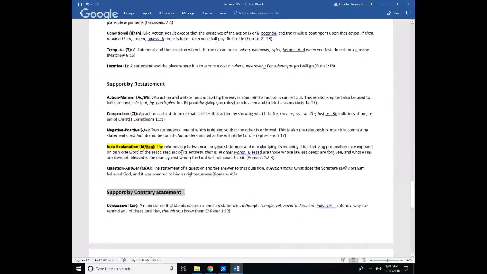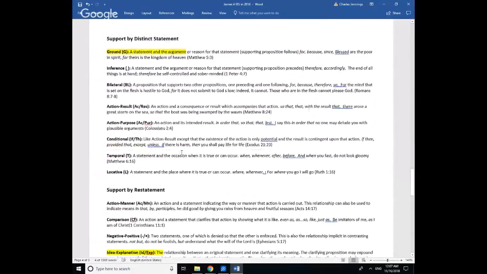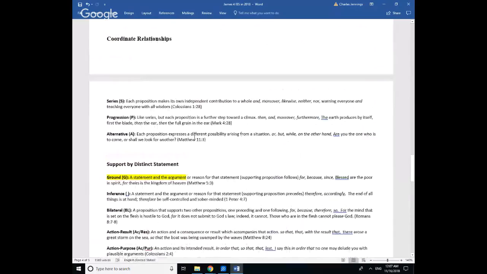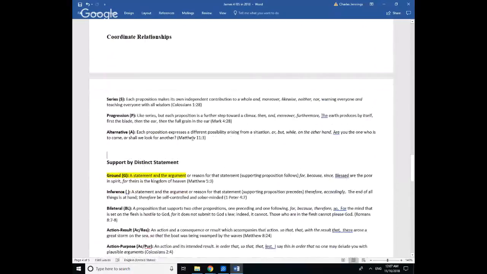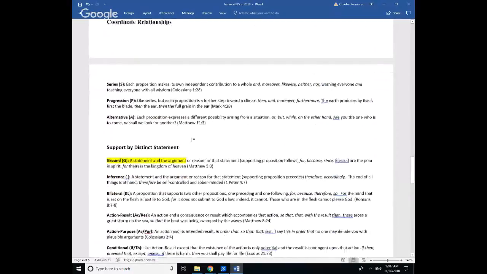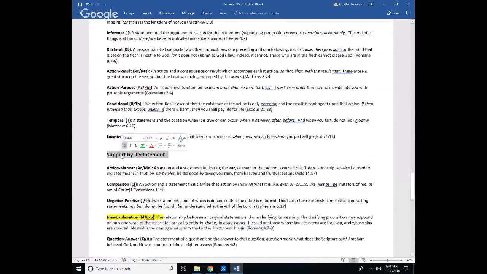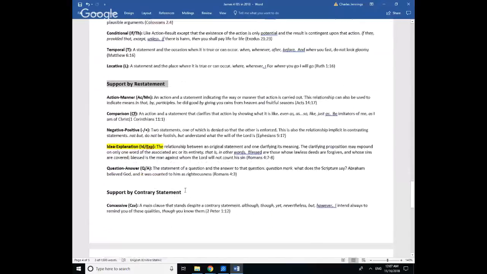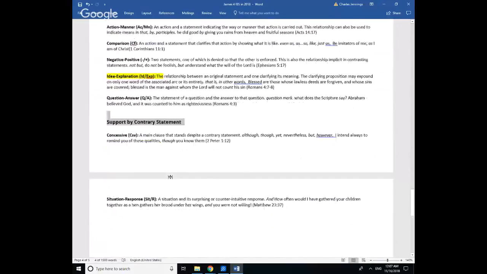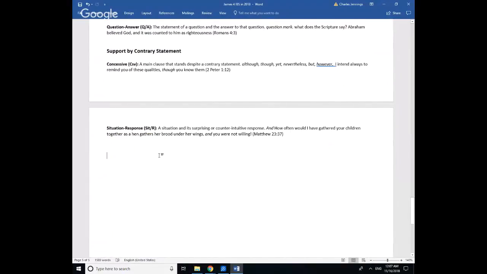And so when you come to a passage, you're thinking to yourself, all right, is this something new, a new thought? Or is it just repeating? Or is it a contrast? And so, like I said, the system of Bible arcing is related to two different clauses. You're trying to think about the relationship between the two clauses, not within.